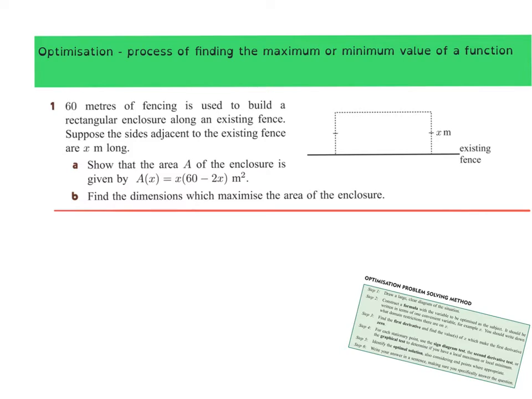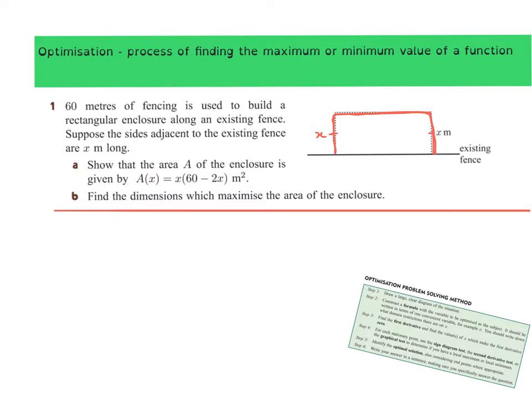We do have a graph, this one here. The 60 meters of fencing can be used along those sides. We can see this is x and this is x as well, so these lines on both sides mean the same length, and 60 meters is given. The 60 meters are going to be used for this side and this side, so it looks like we're talking about perimeter.